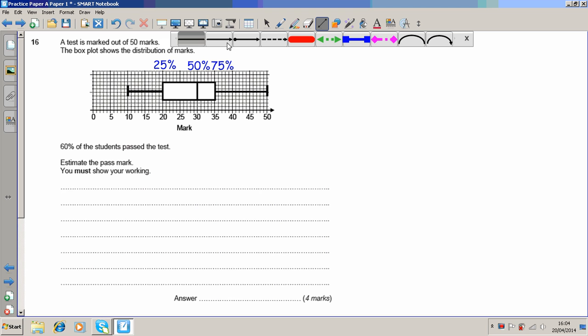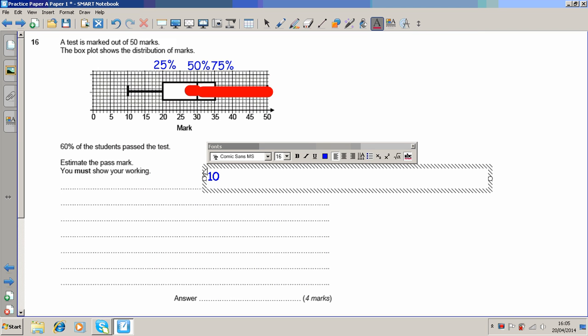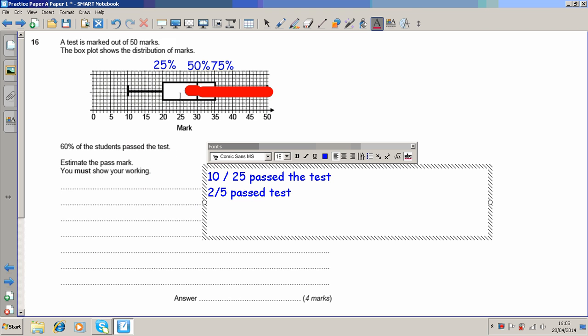Okay, so in terms of my graph, 60% pass the test. All of these people pass the test, 50% there, but then also another 10% pass the test there. So 10% out of that whole 25% pass the test, which is 2/5. So I now need to find what 2/5 of the distance is from 30 down to 20. 2/5 of 30 to 20, which is 10 marks.